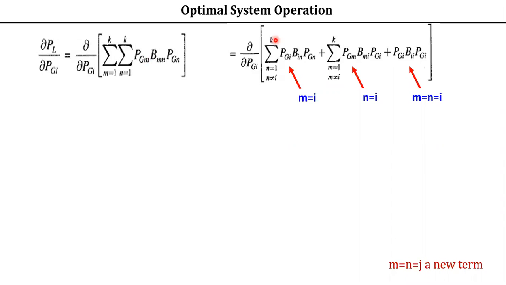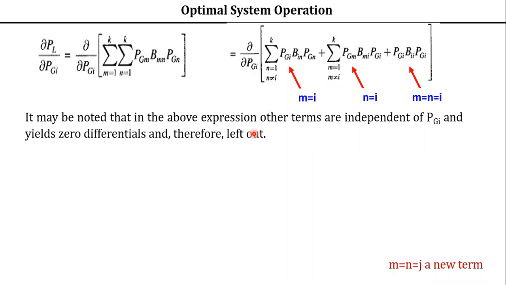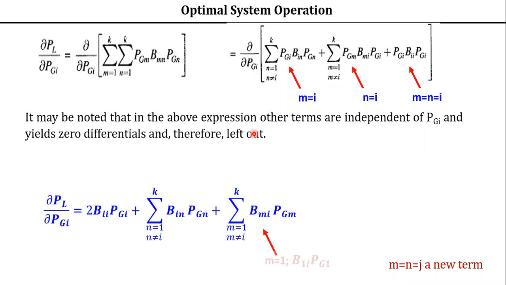After splitting the terms, now you take the partial derivative of this with respect to PGI. That means for the ith plant, which we have taken outside, it remains PGI. So you take the partial derivative. Okay, one term we are missing.